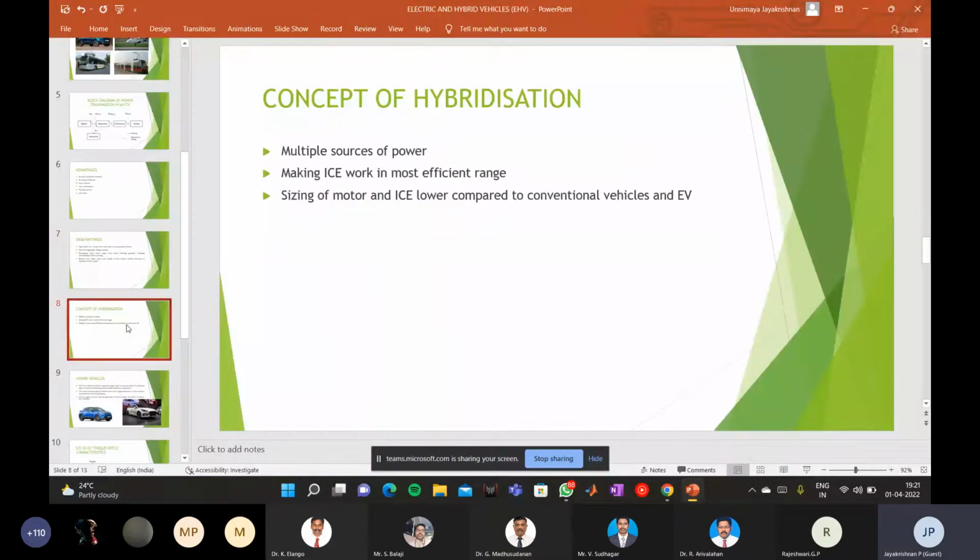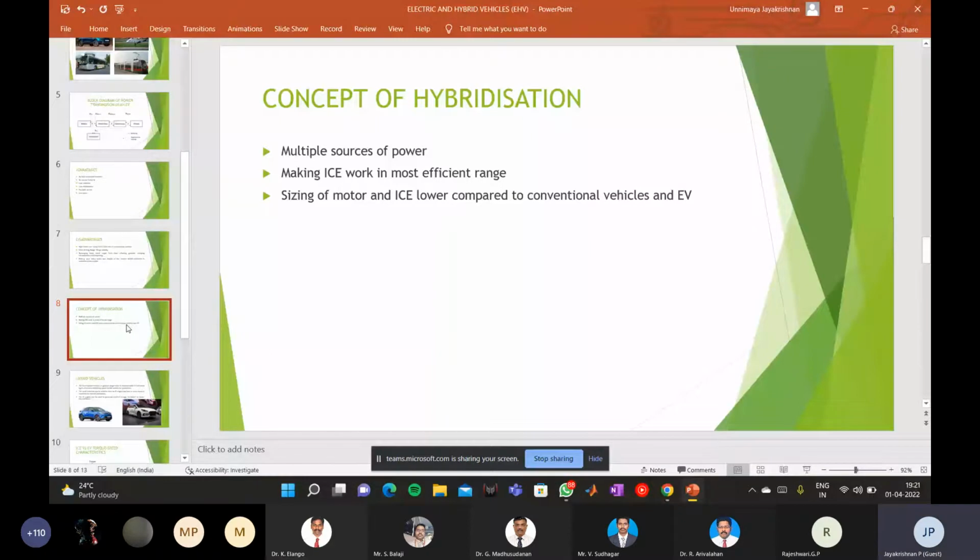Then there is hybridization, not depending only on one source of energy. EV and some other energy source combined will make it a little easier to minimize these disadvantages.